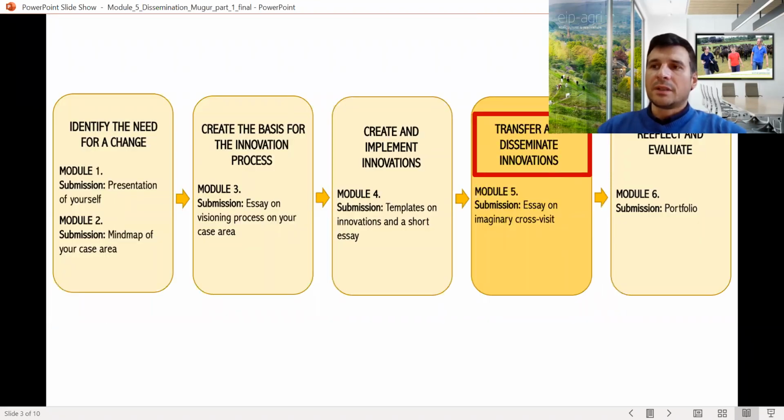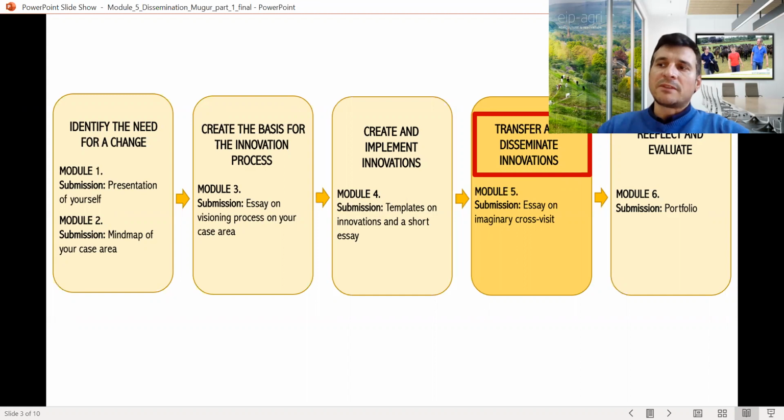This module number 5 is coming after several modules in which you should, until now, know how to conduct a baseline analysis for the peripheral rural areas in order to identify their needs and gaps. Secondly, you learned in module number 3 and module number 4 about how to create the basis for the innovation process and how to implement innovations at the local level.